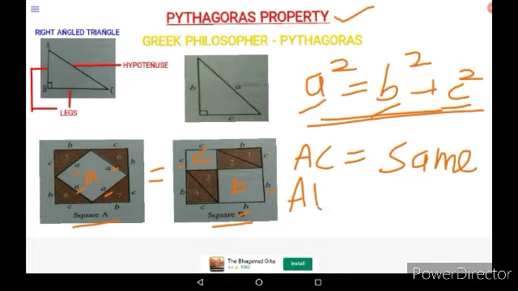Now this means the area uncovered should also be the same. Now what is the area uncovered?